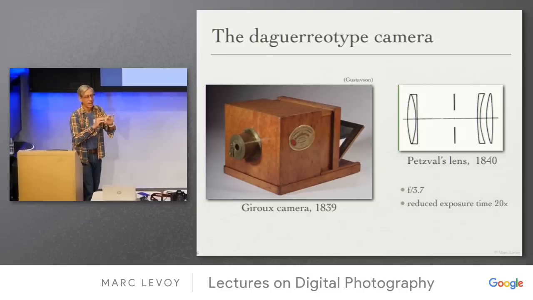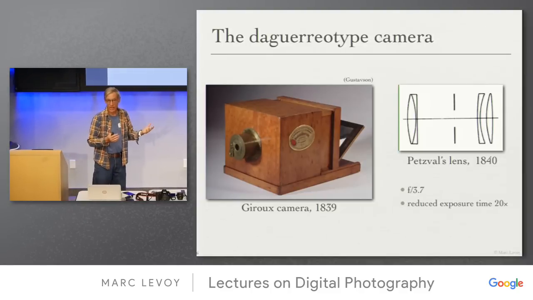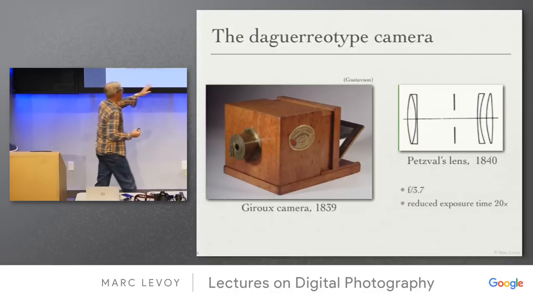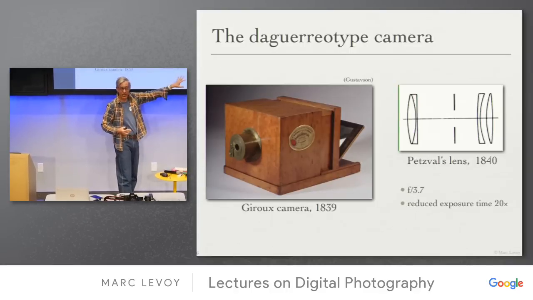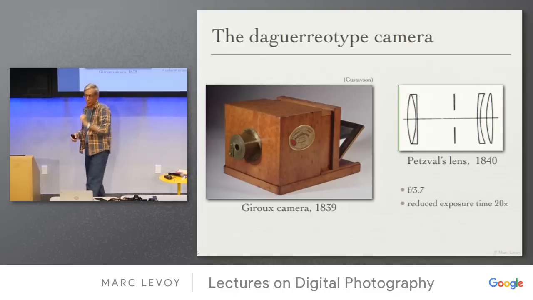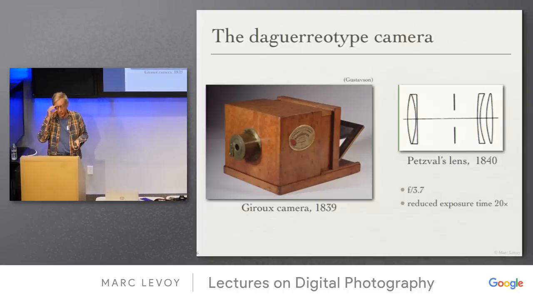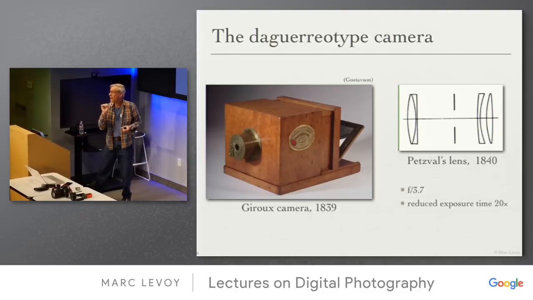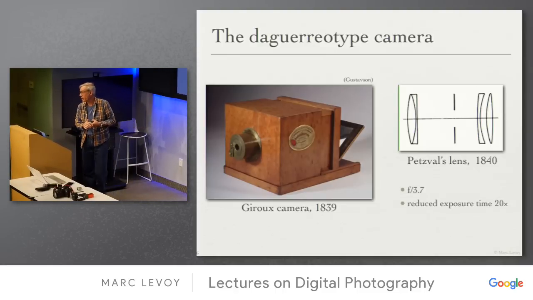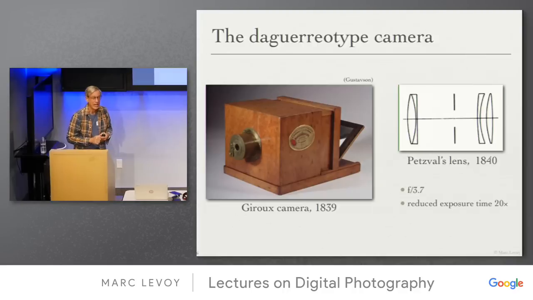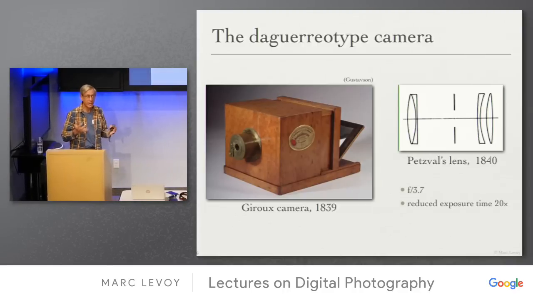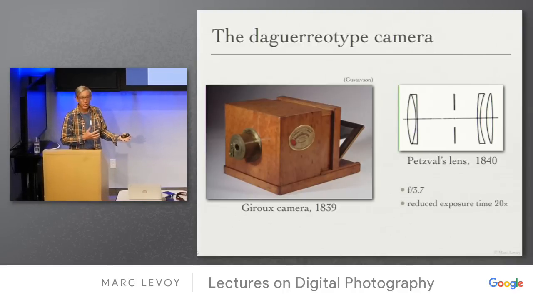So you would have to reduce the amount of light, or the area of the aperture, by 20x. That means the pre-Petzval apertures were 20 times smaller in area, so the square root of 20 times smaller in diameter. The square root of 20 is 4.5, and so you would just multiply 3.7 by 4.5. And that comes out to 16.7.